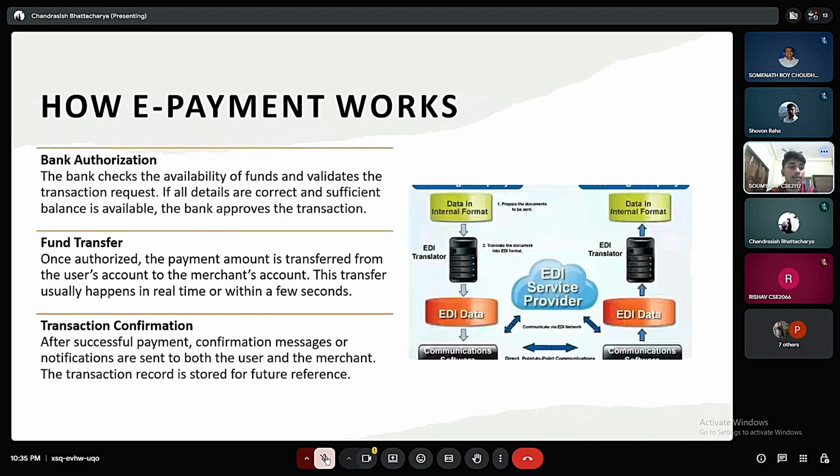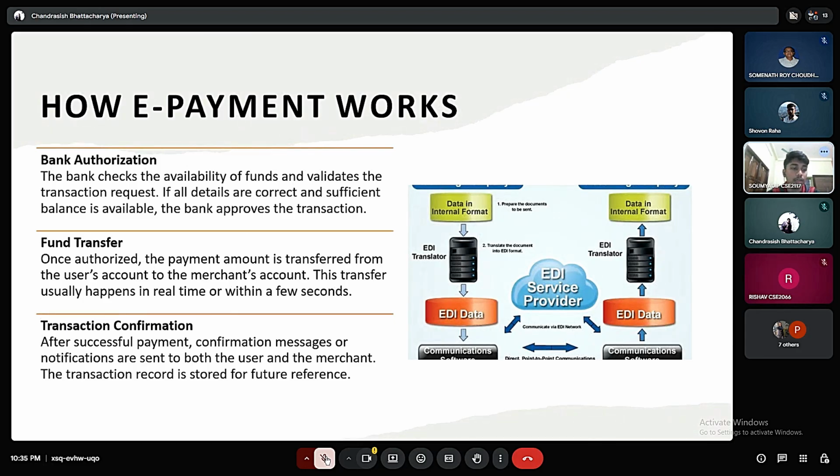Next slide. After that, bank authorization. The bank checks the availability of funds and validates the transaction request. If all details are correct and sufficient balance is available, the bank approves the transaction. Fund transfer. Once authorized, the payment amount is transferred from the user's account to the merchant's account.